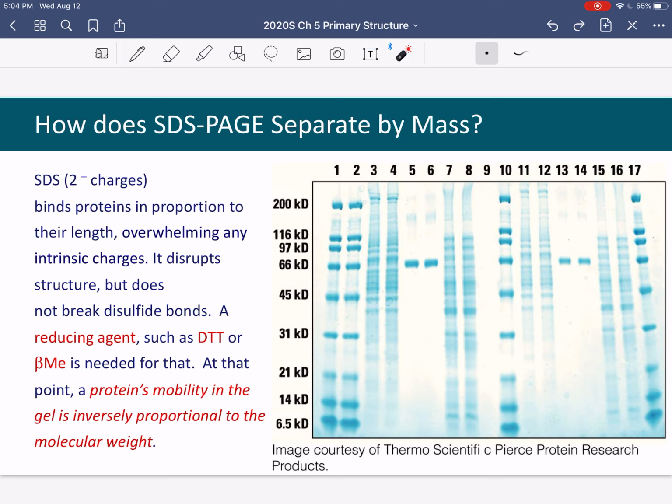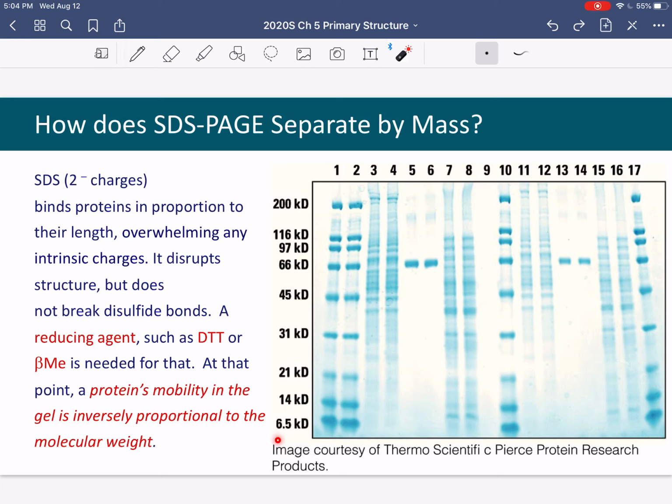Remember, we unfolded them by melting them at high temperature in this detergent. And so their movement through a field, if you have 2 electrodes attached, will be impaired by friction due to that gel structure. So that's what makes the smaller ones move faster.